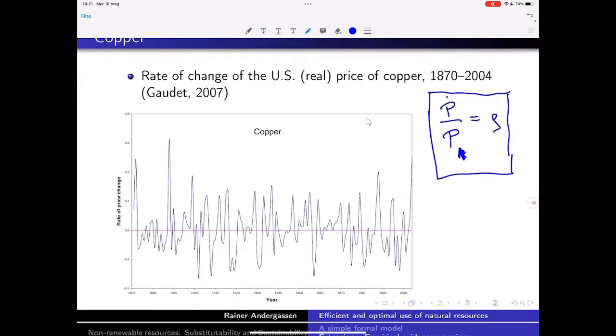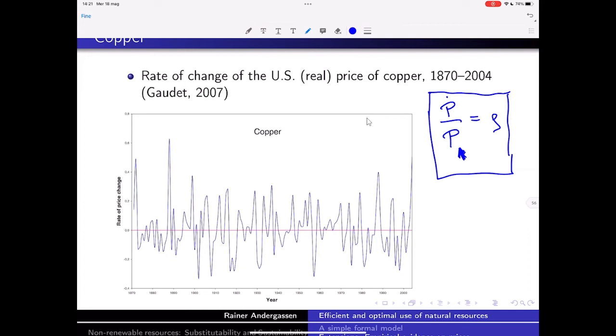This is the first picture. As you can see, there are huge fluctuations, but if you forget about fluctuations, the average here is not significantly different from zero.